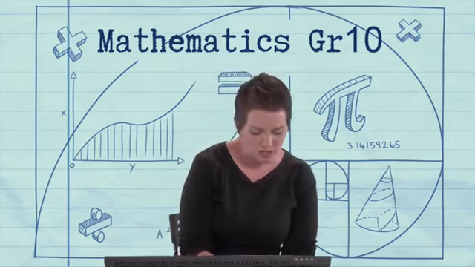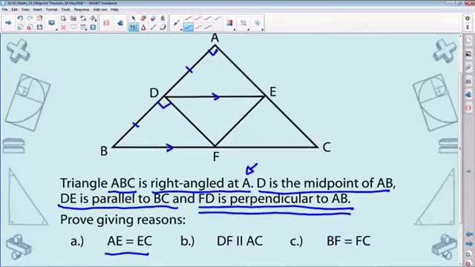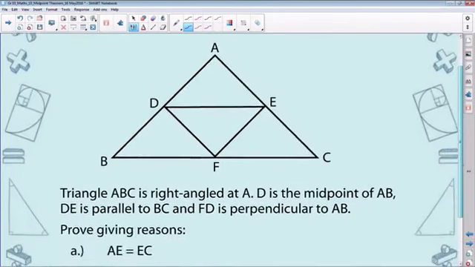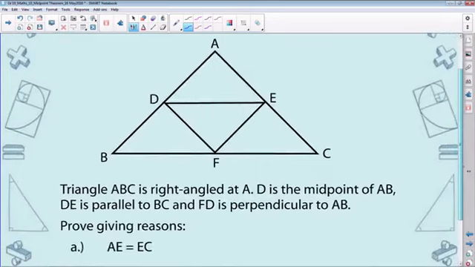The first question asked us to prove AE was equal to EC. So I'm going to open up a new slide where I have just that question written down. And we knew that that was equal to that, and we were told that that line was parallel to that, and we were told we had a right angle there and there.